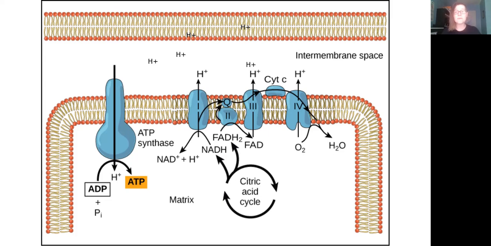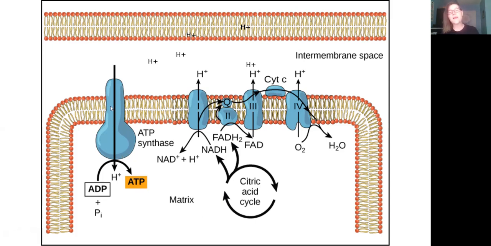Then the potential energy of the high concentration means that when they go with the gradient, so this movement is against the gradient, but when they move with the gradient down the ATP synthase, they are able to turn that movement into ATP. And because it's very similar to an osmotic process of moving with the gradient, but it's not water, it's chemicals, we call this chemiosmosis.